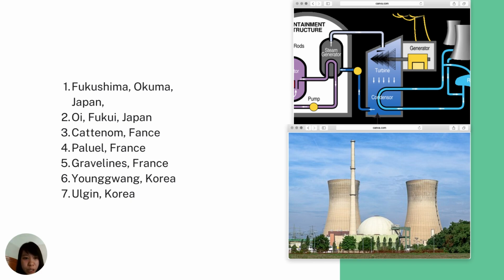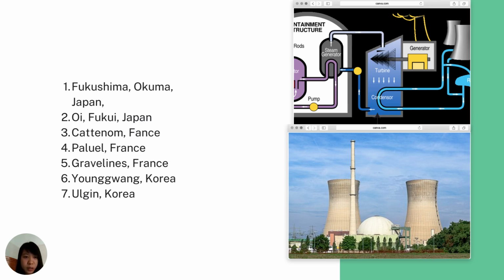And I will introduce to you some places where the nuclear power plants are built. There are seven biggest nuclear power plants in the world. Fukushima and Oi are from Japan. Cattenom, Paluel, and Gravelines are from France.